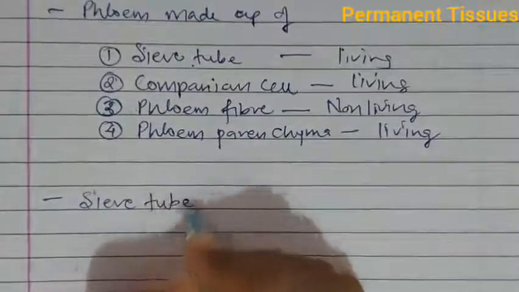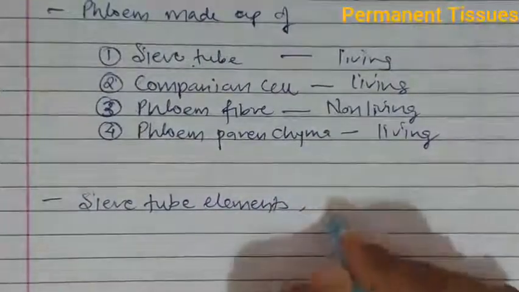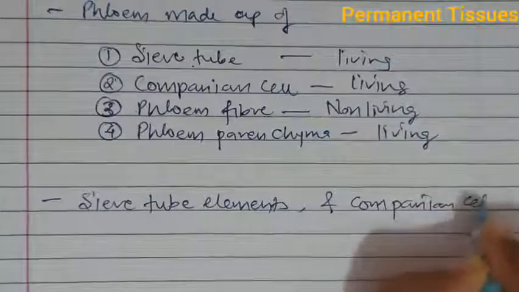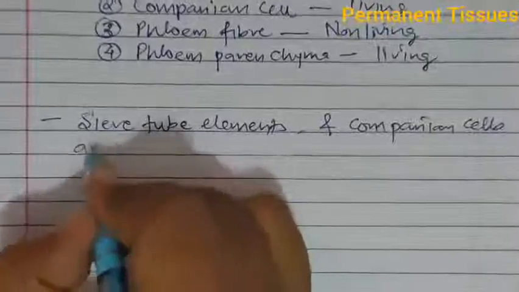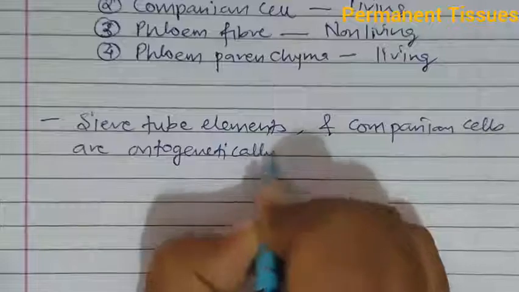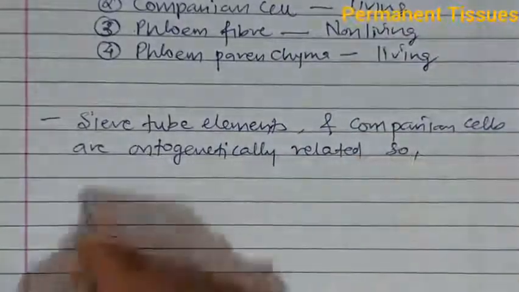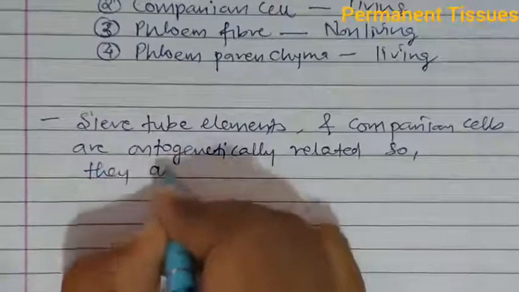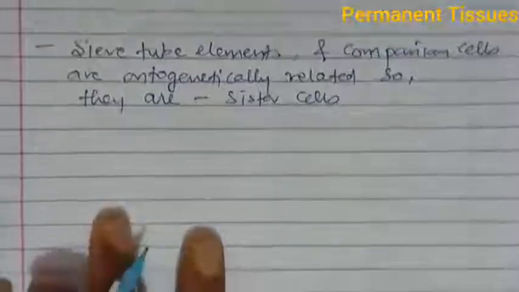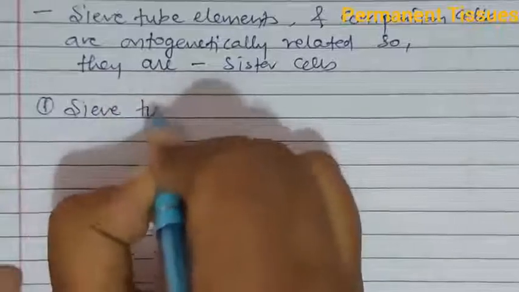Sieve tube elements are the cells of this sieve tube, and companion cells are ontogenetically related, so they are known as sister cells.